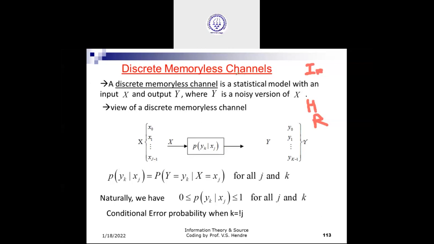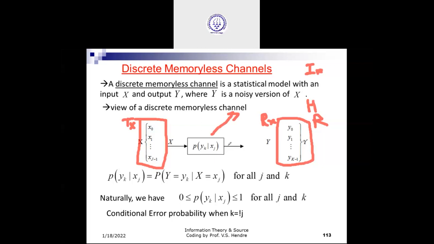Now we have to focus on another term that is called channel. If I look at the concept of channel, I have a transmitter part and a receiver part. So this is my transmitter, this is my receiver, and in between transmitter and receiver I have a part that is called channel.